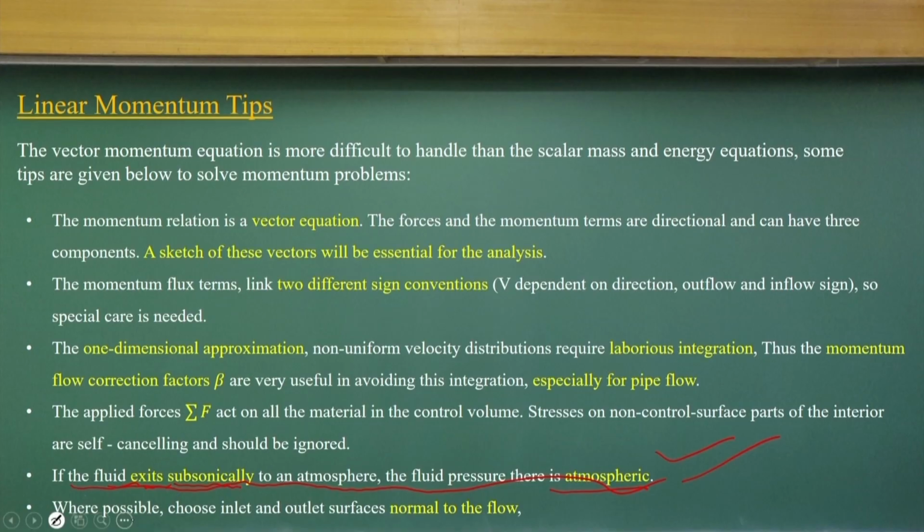Similarly, as I said earlier also, you always choose the inlet and outlet which will be normal to the flow. The scalar product between the velocity vector and the normal vector to the control surface should have either theta equal to 0 or theta equal to pi.